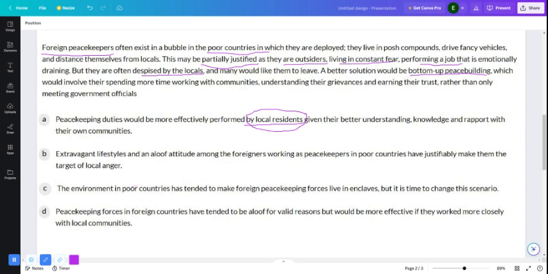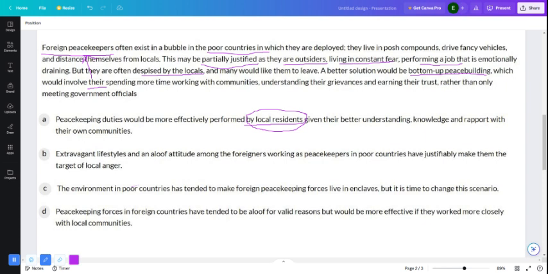It is being said like they are performing this, which is nowhere mentioned over here. Here it is being said they have to work bottom up, which would involve their spending. So who is this their referring to?